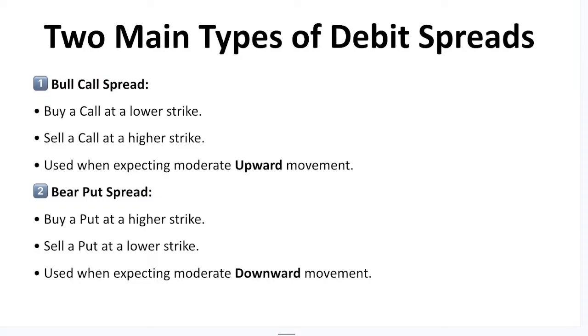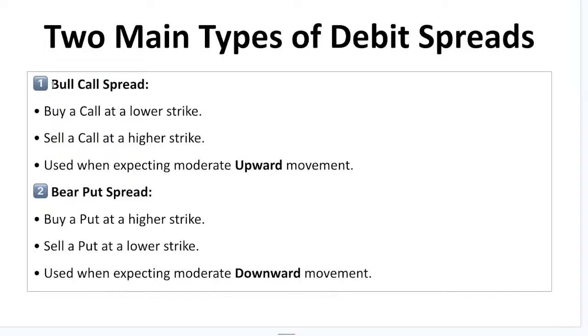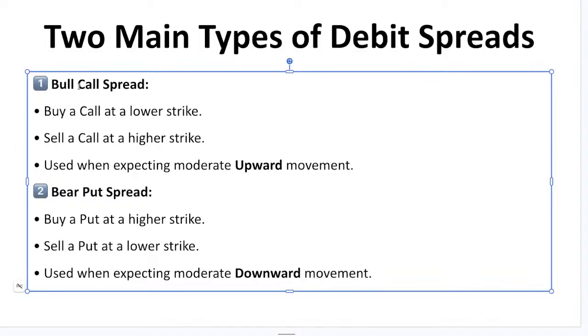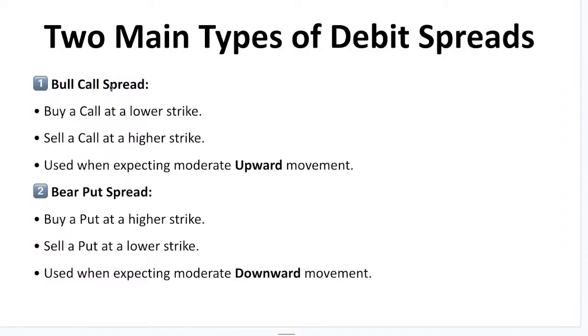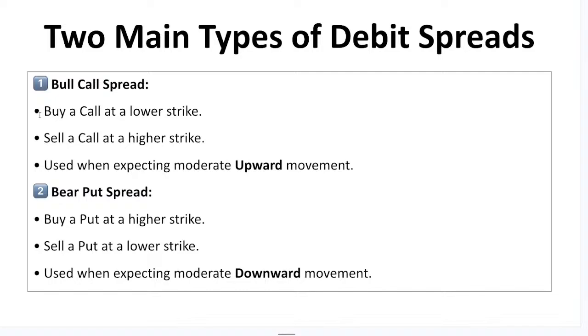So let me show you some examples of types of debit spread. One is called a bull call spread. Bull call means I buy for upside movement. It's a call direction, as in it's an option call, and spread means to buy and to sell. So basically, you buy a call at a lower strike and sell a call at a higher strike, so it becomes like a bandwidth.